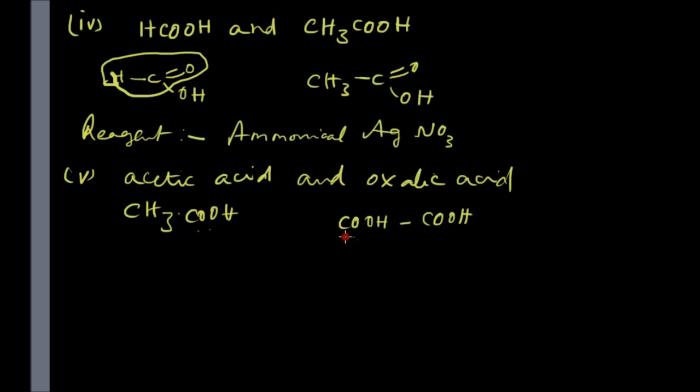You use oxalic acid against potassium permanganate in the burette. In the presence of dilute sulfuric acid, you are performing the redox reaction between the two. Here, oxalic acid acts as a reducing agent and it reduces acidified potassium permanganate, that means it decolorizes.